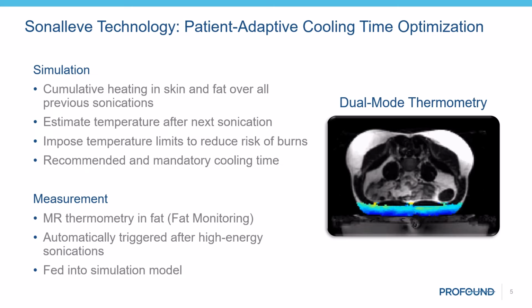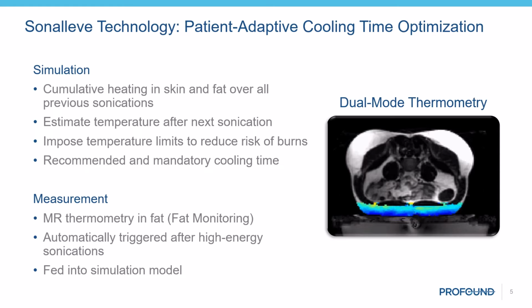Given the currently planned cell, the software also simulates the temperature in the skin and fat layer after the next sonication. The software then calculates the recommended and the mandatory cooling time which the user has to wait before the next sonication can be performed. These cooling times correspond to defined temperature limits in the fat and skin layer that should not be surpassed to reduce the risk of tissue burns.